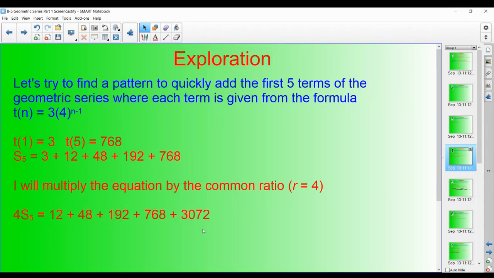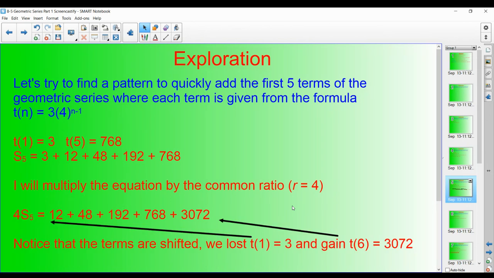Now, if we notice something, 12, 48, 192, 768, they're all here. This has a 3, and this has a 3072. We lost the first term, but we gained a new term. We gained term 6.